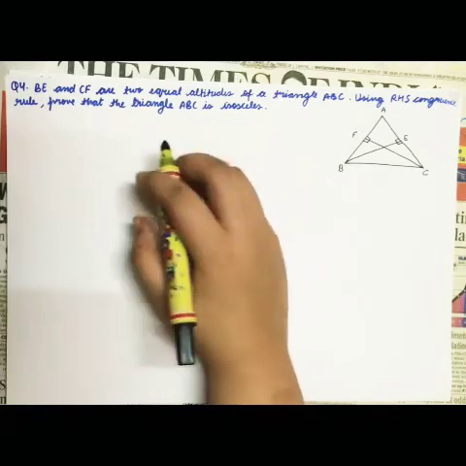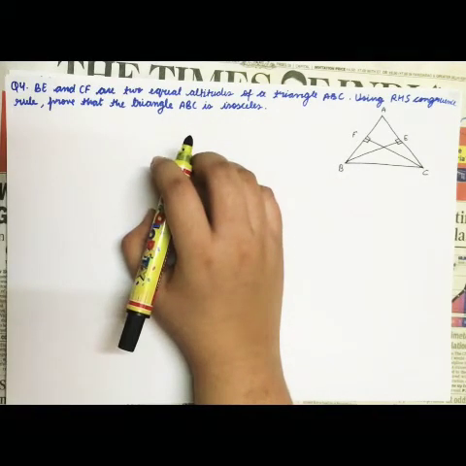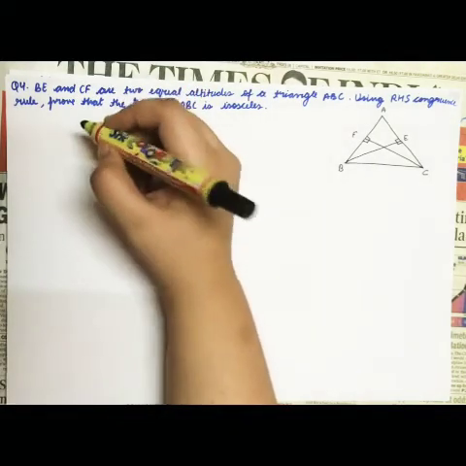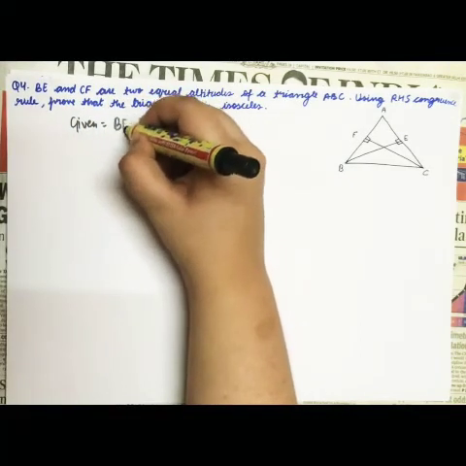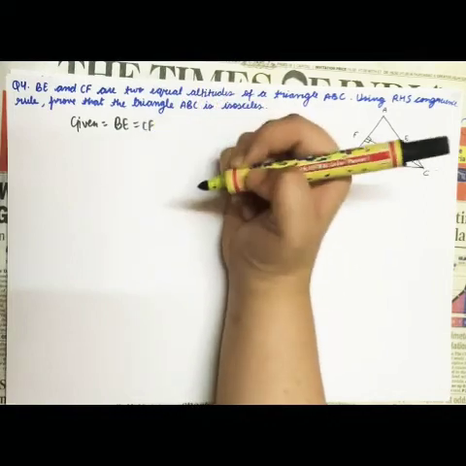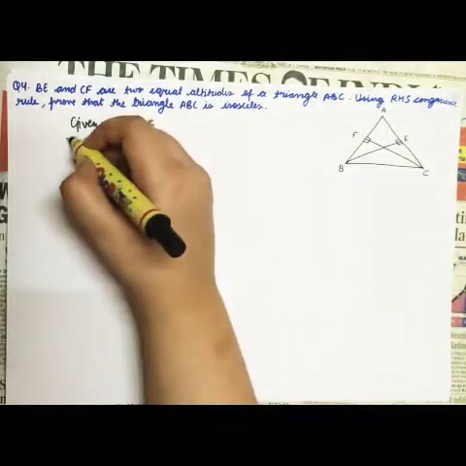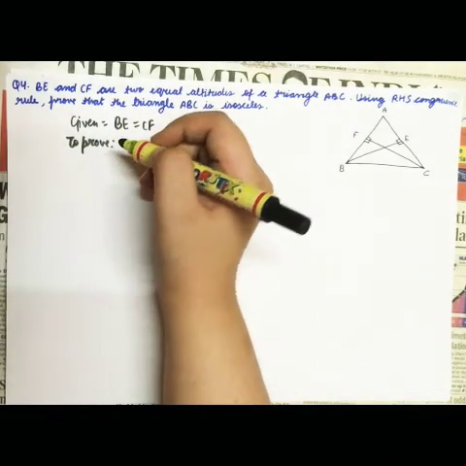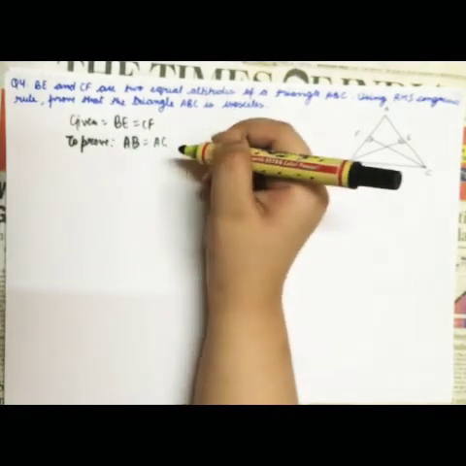Question number 4. BE and CF are two equal altitudes of a triangle ABC. Using RHS congruence rule, prove that the triangle ABC is isosceles. So in this we are given that BE is equal to CF and we have to prove that AB is equal to AC.